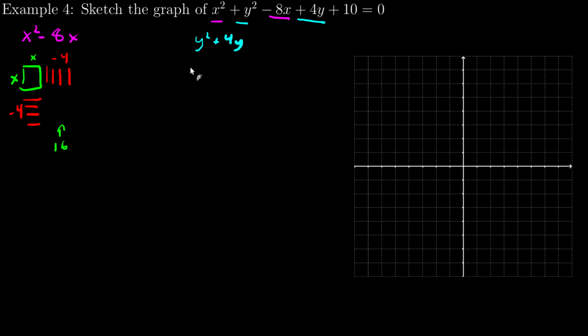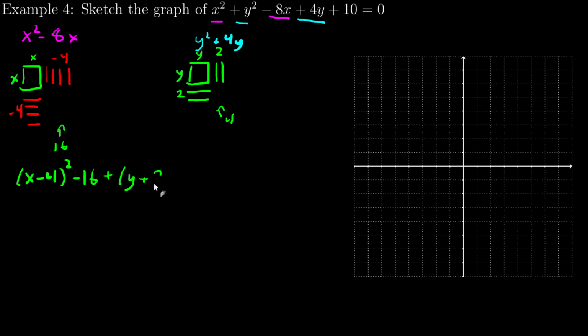For the y's, I have 1 positive y squared, a total of 4 y's, which would mean 2 on each side. And I'm missing 4 units in this corner, so I would have x minus 4 squared minus the 16 missing units plus y plus 2 squared minus the 4 missing units.